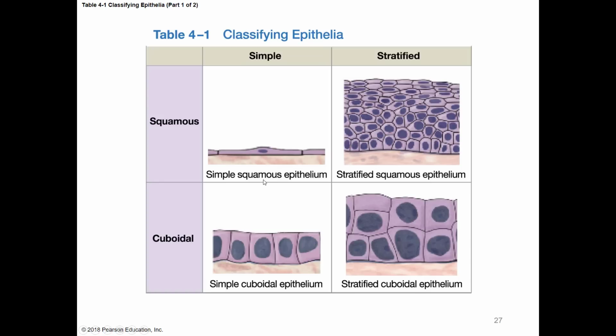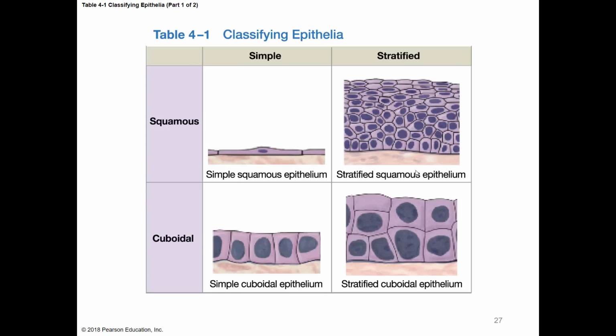So why would we have areas of the body that have 1 cell layer thick, simple, or multiple layers thick, stratified? So it's really a simple common sense answer. Anywhere on our bodies that could come into contact with something abrasive, or any part of our body that comes in contact or close to the outside world, needs to be stratified.